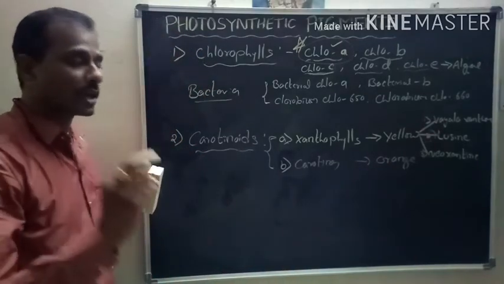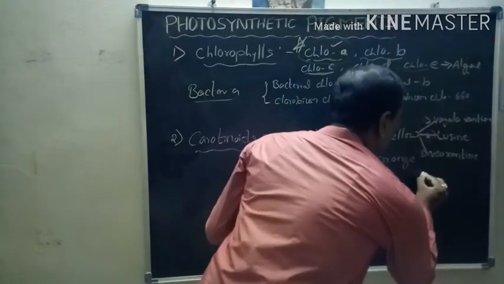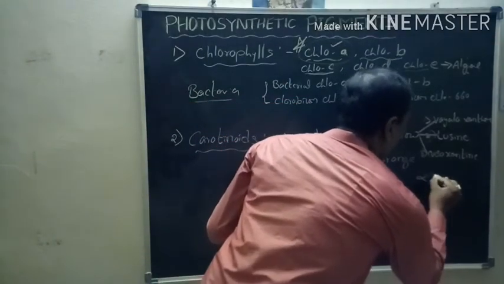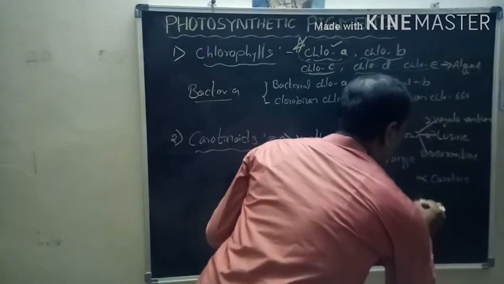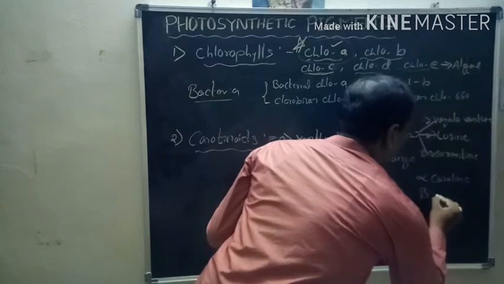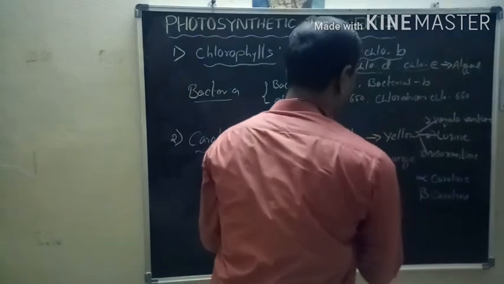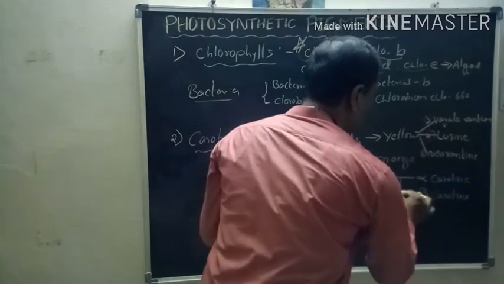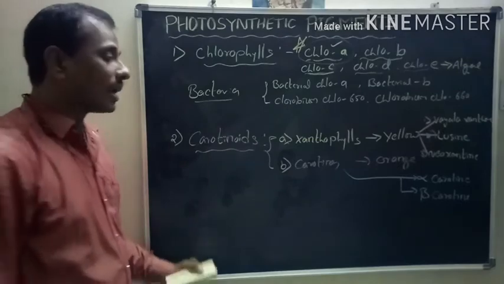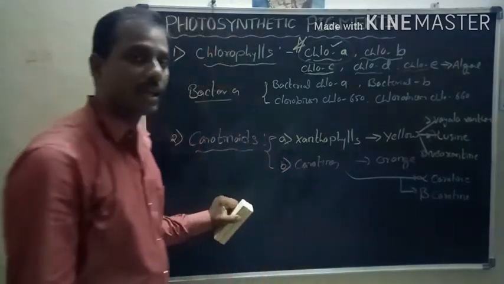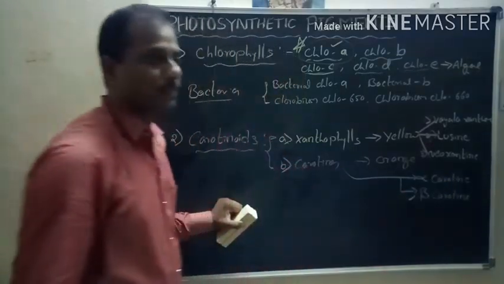There are two types of carotenes: one is alpha carotene, and the second one is beta carotene. Alpha carotene is present in the algae, but in higher plants, beta carotene is present.